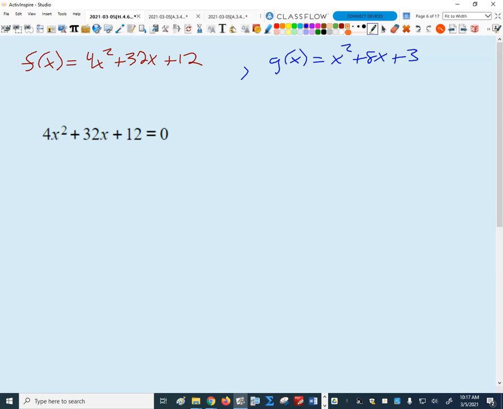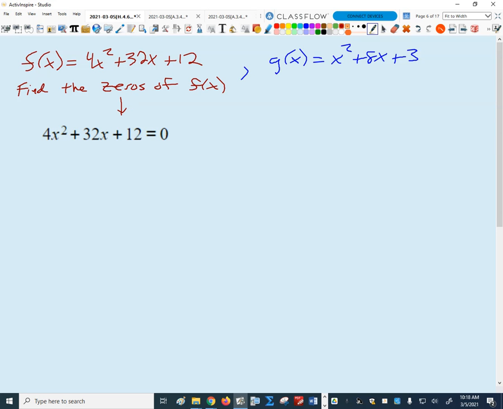But if I'm solving the equation, let's say I'm trying to find the zeros of f of x, well, that just leads to that equation, doesn't it?